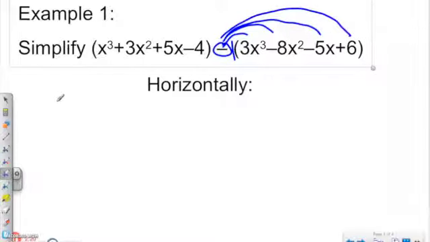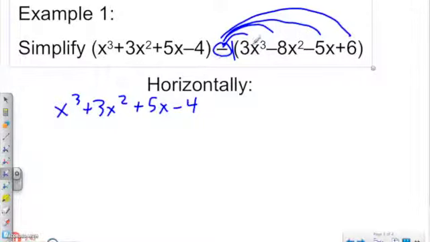So if I'm simplifying this horizontally, what I want to do first is write down my original expression. I want to write down that first polynomial expression in the problem. Now what I want to do is multiply everything in this one by -1. So anything that's positive is going to become negative, and anything that was negative is going to become positive.